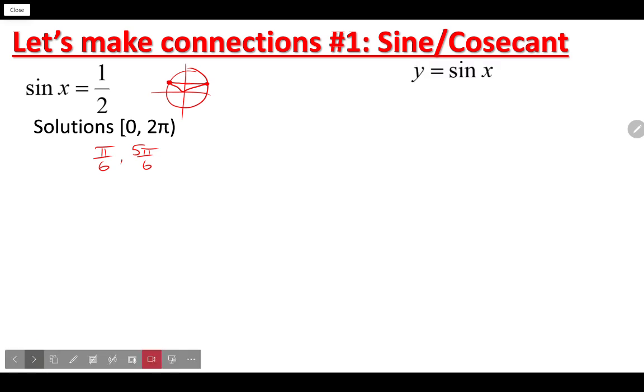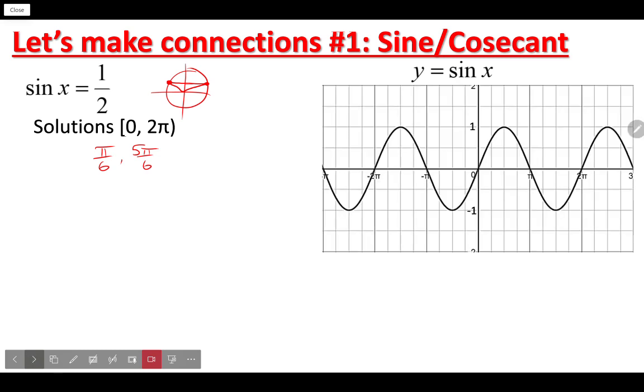But let's talk about all solutions. So to think about this, we're going to relate it to our graph that we know, y equals sine of x. That's our sine curve. And if we want to know where those outputs get us, again, 1/2, I'm looking on the y-axis. Well, this would be 1/2 here.